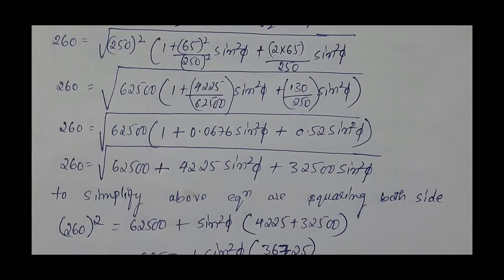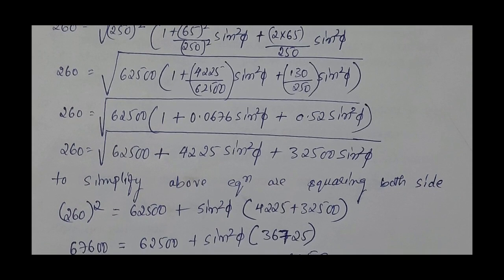The third term, 62,500 multiplied with 0.52, gives 32,500 sine square phi.